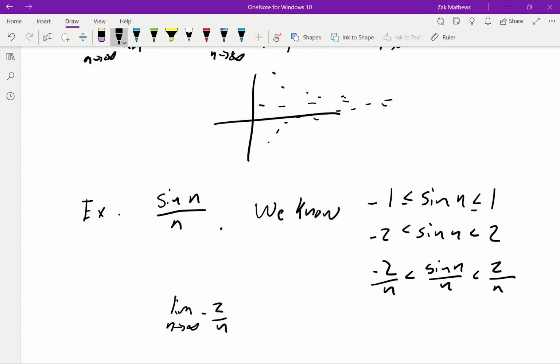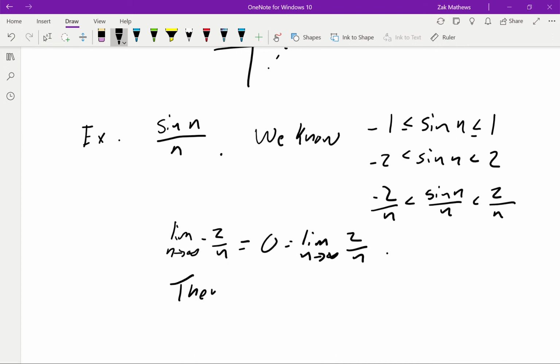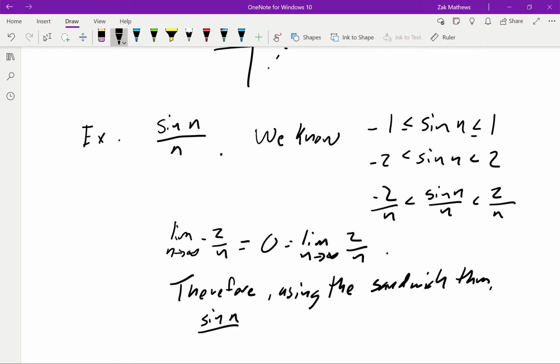That is going to 0, which is also true for the limit as n goes to infinity of 2 over n. Therefore, using the Sandwich Theorem, sine n over n must be going to 0.